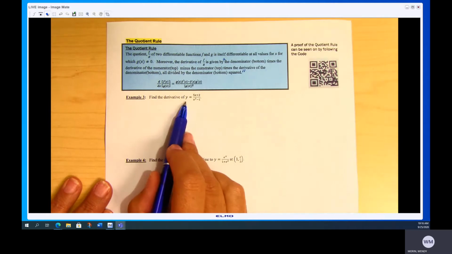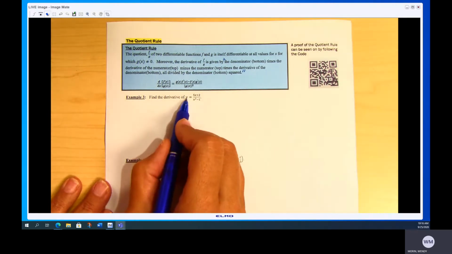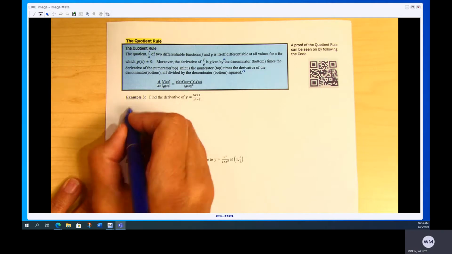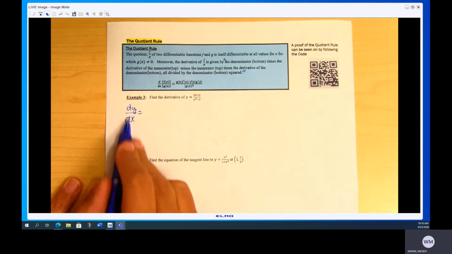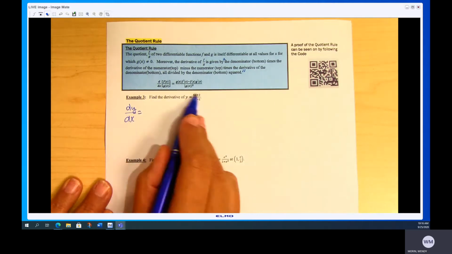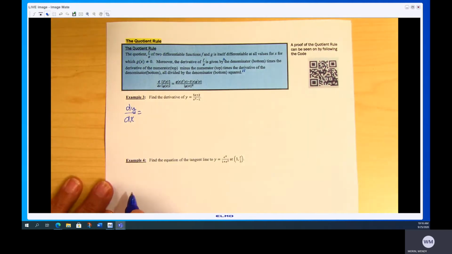So let's go ahead and find the derivative of y. Another notation for y prime is dy dx. So you need to know that that is the derivative of y with respect to x. So that's what we're going to do. We have a quotient here. So let's do that together.